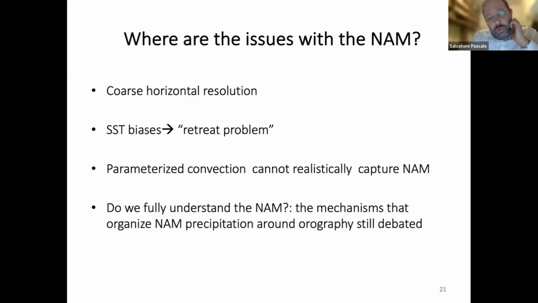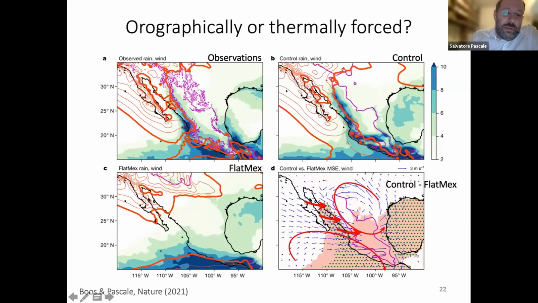Traditionally, the North American monsoon has always been viewed like a sort of giant sea breeze circulation, which is thermally driven by elevated heating over the Sierra Madre mountains of Mexico, so by the Mexican topography. In a study in 2021 by Bill Booz and myself, we did some idealized simulations with high-resolution GCMs, 25 kilometers of horizontal resolution, in which we either keep the orography as it is in reality, or we flatten the Mexican topography.